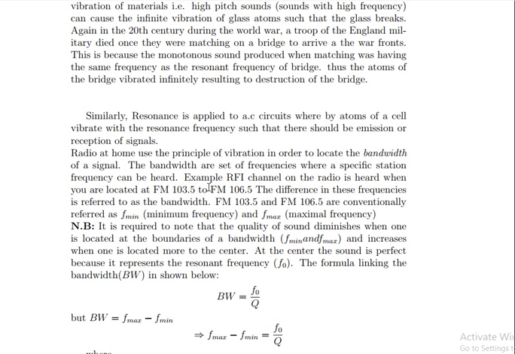This bandwidth is the set of frequencies with which you can hear a certain radio station. The set of frequencies that can hear a certain radio station is referred to as the bandwidth, and the bandwidth of RFI is from FM 103.5 to FM 106.5, and this difference gives you the bandwidth.